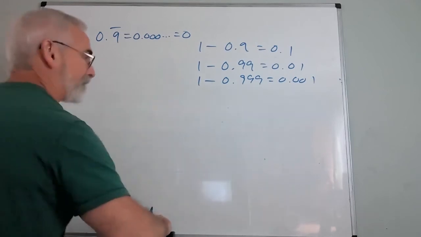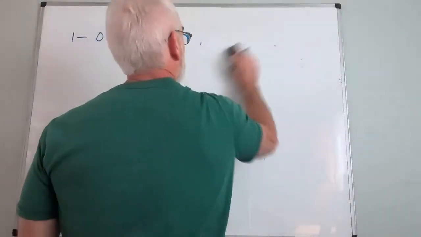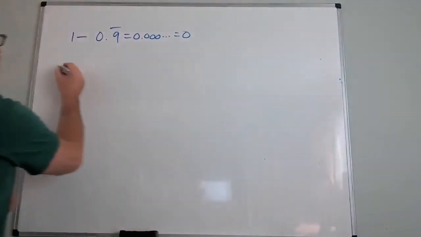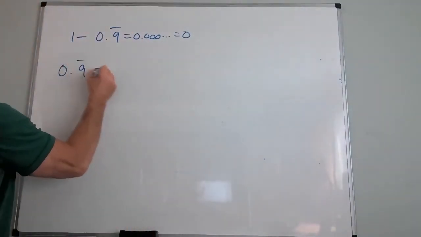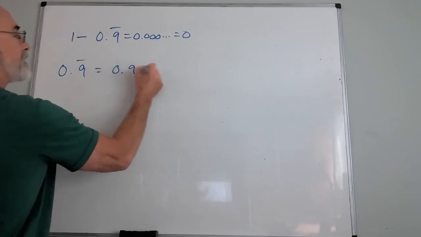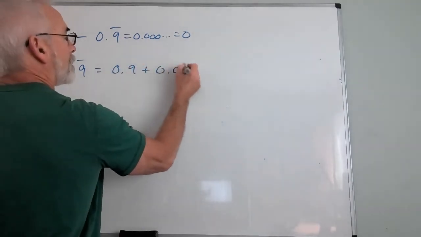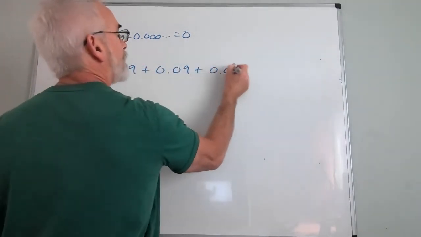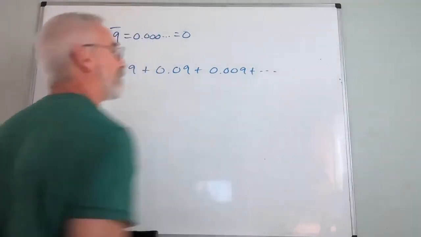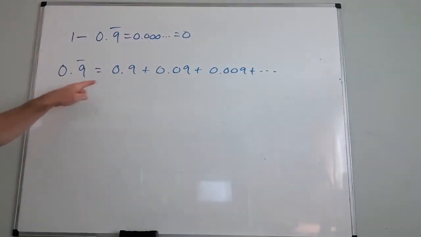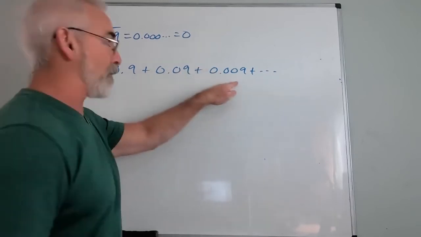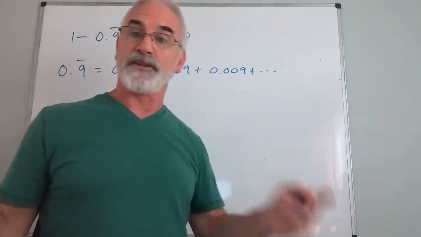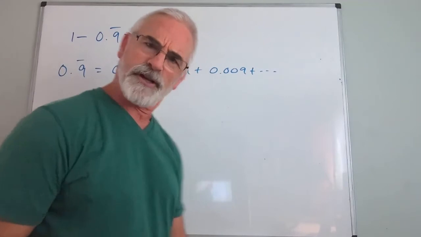The second one is a geometric series, 0.9, which is, remember, that's this. You may have done things like this in algebra or calculus before. 0.99999 is 0.9 plus 0.09 plus 0.009 forever and ever and ever. That makes it a geometric series. How is that geometric?